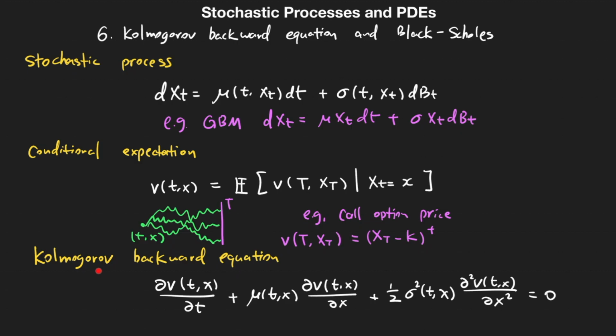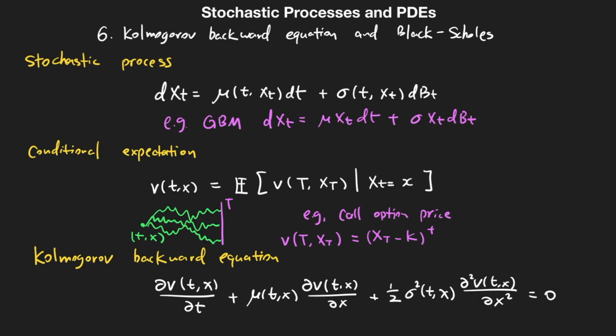In the Kolmogorov backward equation, we are interested in the time evolution of this conditional expectation. If we look at this equation here, we have the partial derivative of v with respect to time, and that equals something related to the first and the second derivative of the position.